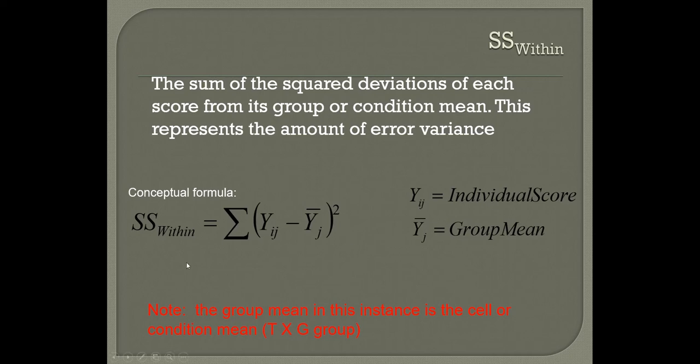So what's different here is we have each and every score, but we're looking at its deviation from its group condition mean and then squaring that. Instead of comparing to the grand mean, we're comparing it to the group mean or the condition mean.